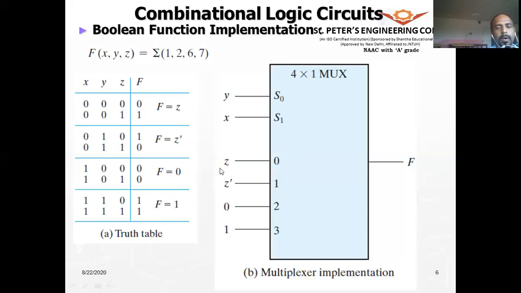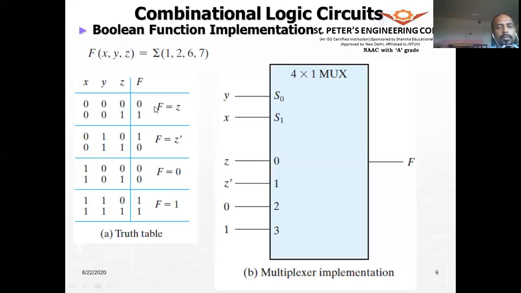I hope the point is now clear why the I0 input or data line is given Z as the input, why Z complement is available at I1 or data line 1, why 0 is given for data line 2 or I2, and why 1 is given for data line 3 or I3.